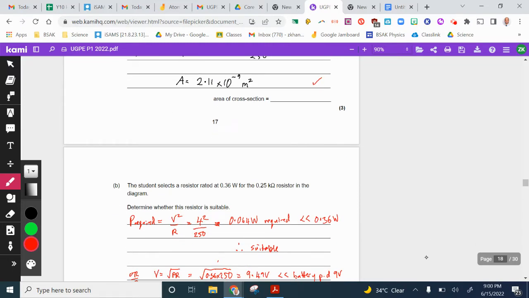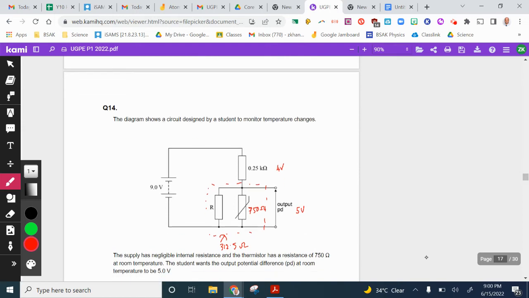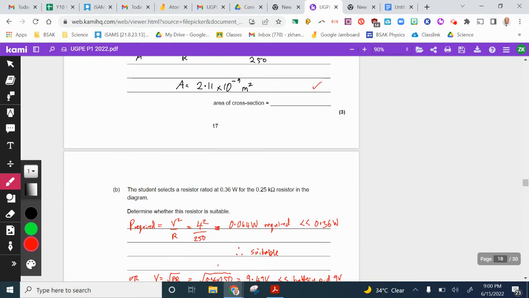So the power required for the circuit to operate in the conditions set in this question will be 4 volts squared. Power is V squared over R, so 4 squared over 250, which is the 250 kilo ohms resistance, with the 4 volts we've discussed here. With our conditions set, the power dissipation at the resistor is 0.064 watts.